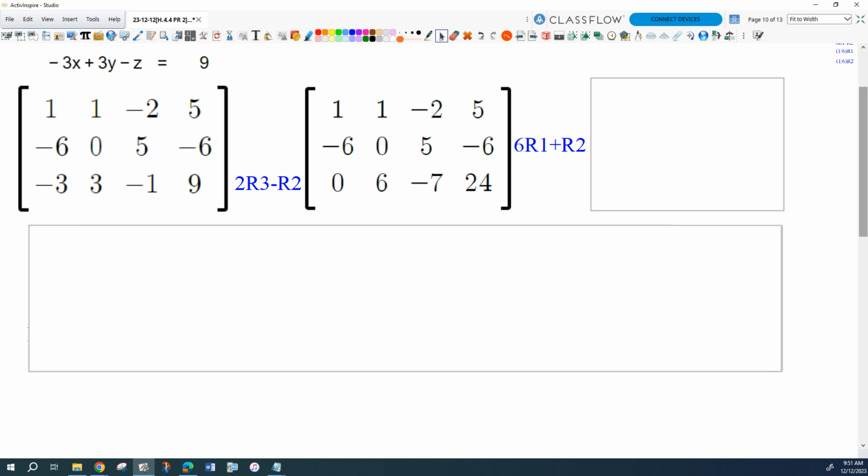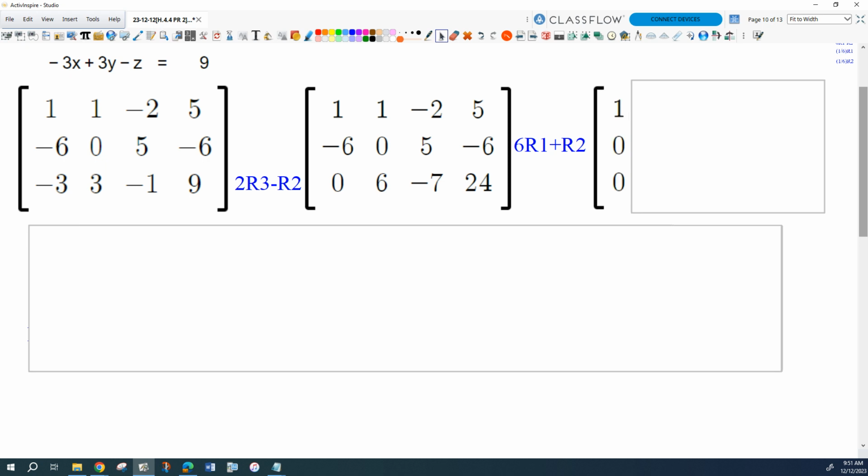You can write these out in a string of different maneuvers, creating a new matrix each time you do row operations. It just makes it a little more compact. So 6 times row 1 plus row 2 is going to make that a 0 there. What's that going to be?